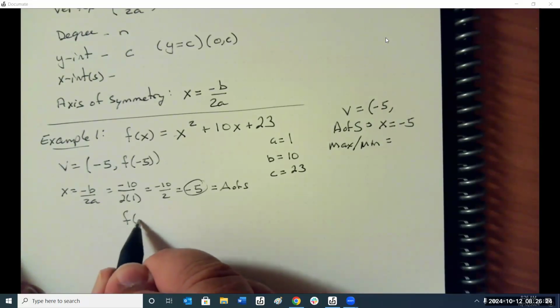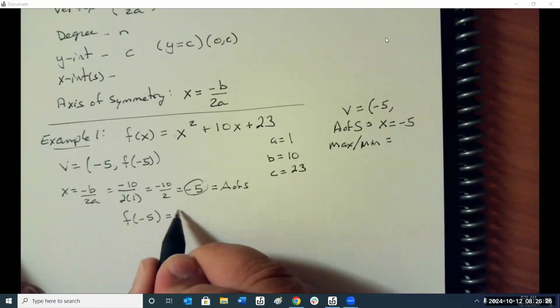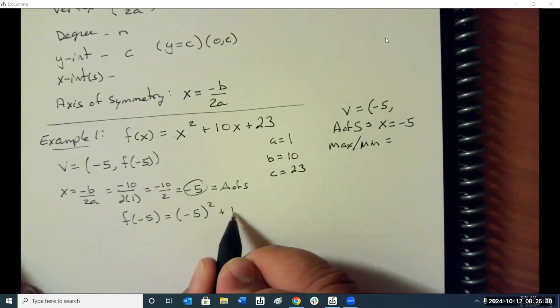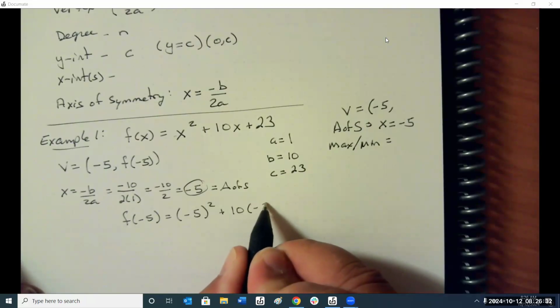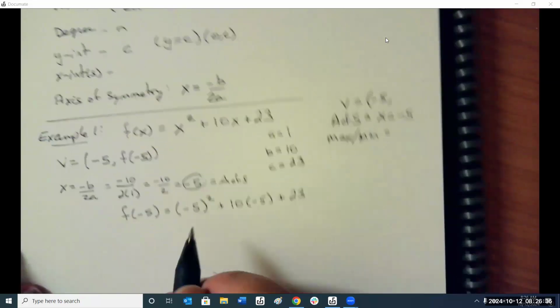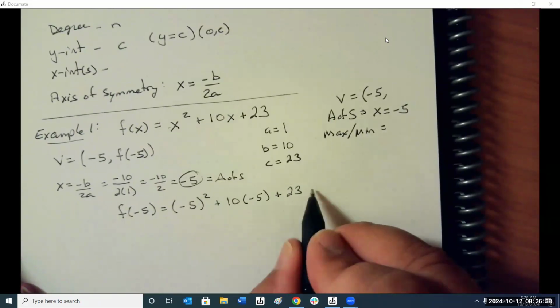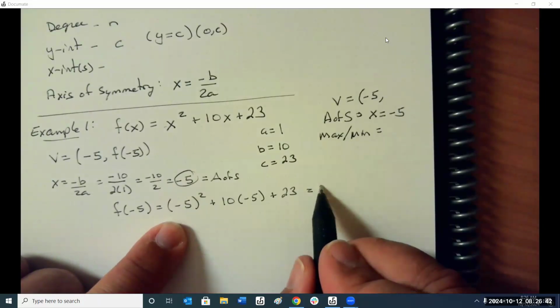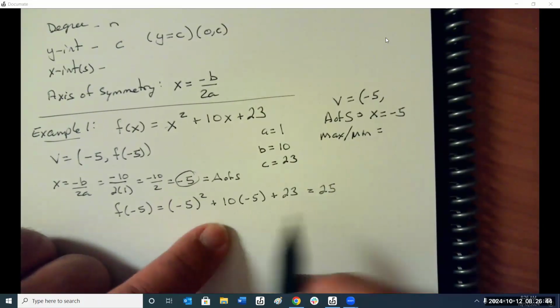So f of negative 5 equals negative 5 squared, plus 10 times negative 5, plus 23. Negative 5 times negative 5 is positive 25.